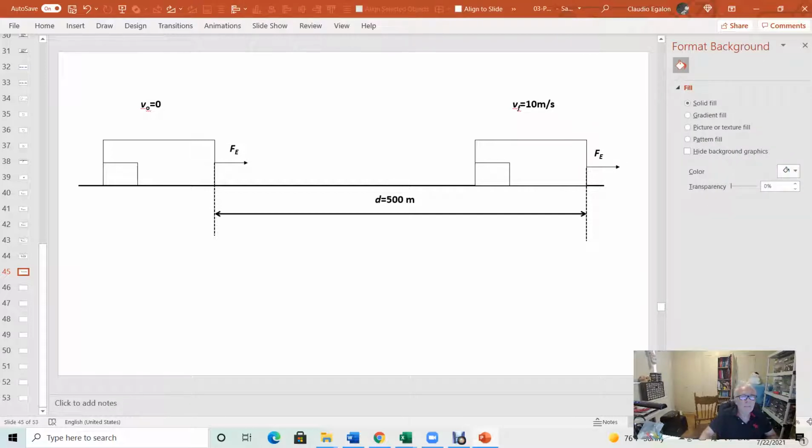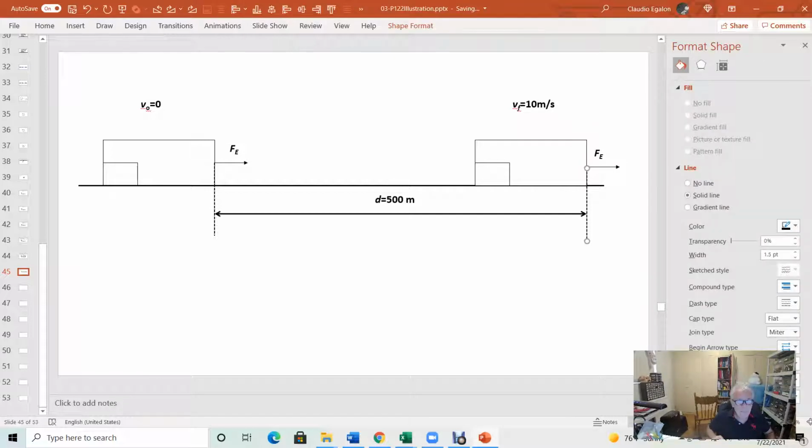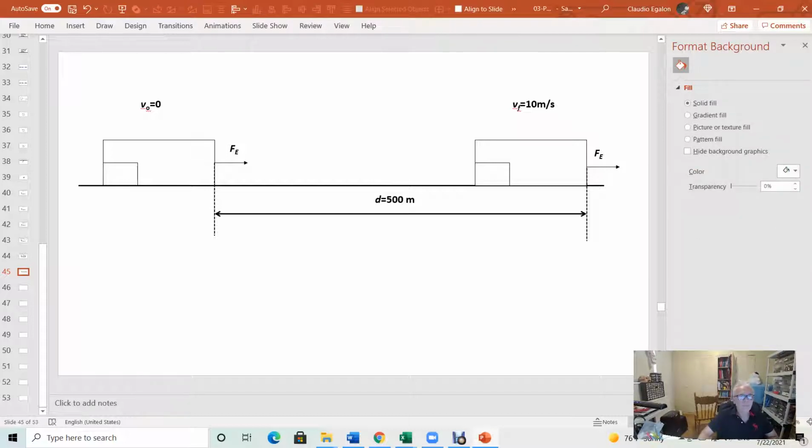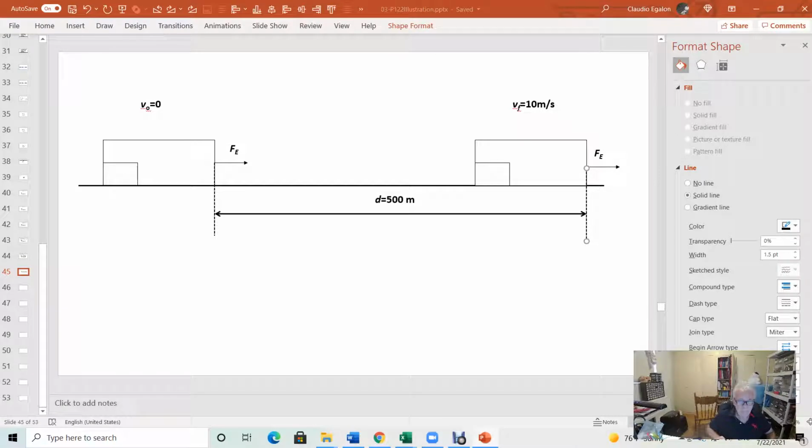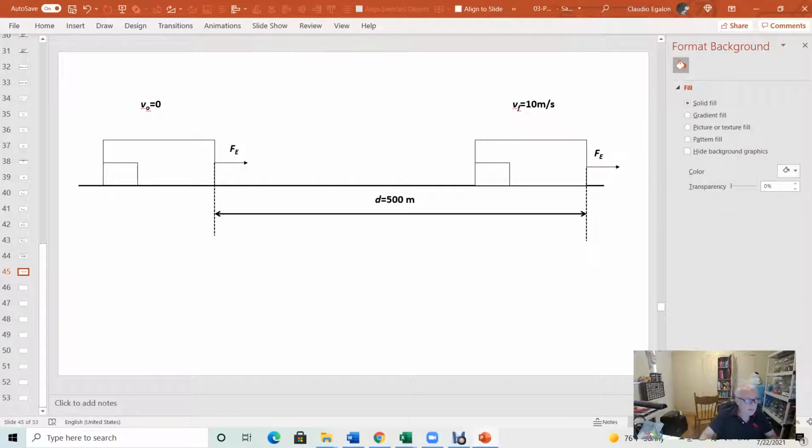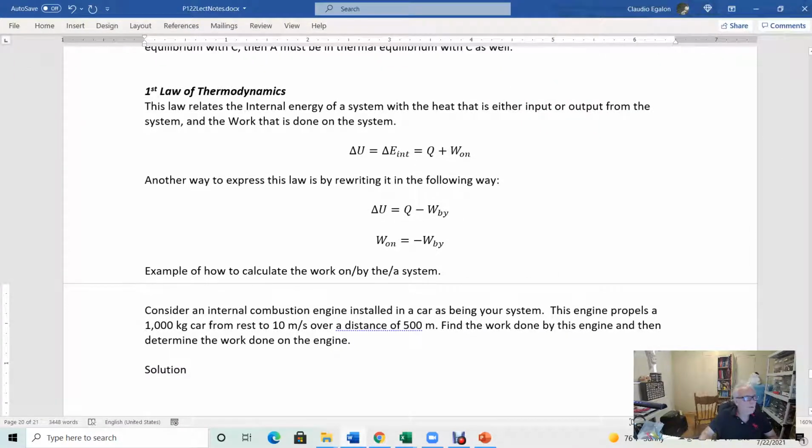There you go. We're assuming that the force is constant. Assume that the force is constant. That's the easy one, right? That's the easy one to solve because we already did that in physics 120.